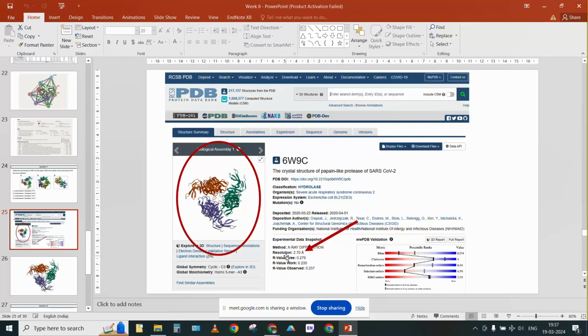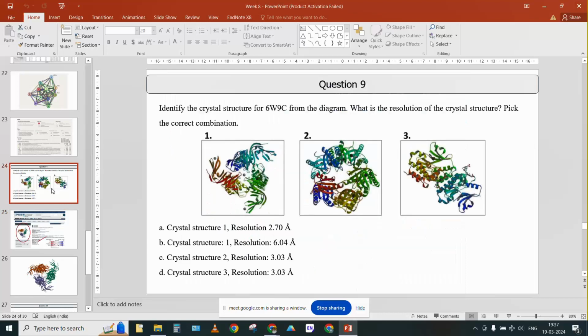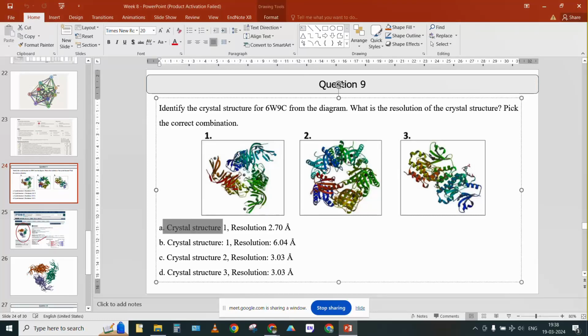The resolution given here is 2.70 angstrom, and the diagram you can see easily. Now what are the possible options here? In option A it is crystal structure 1 and resolution is 2.70 angstrom. So according to this, the correct answer for question 9 is option A.